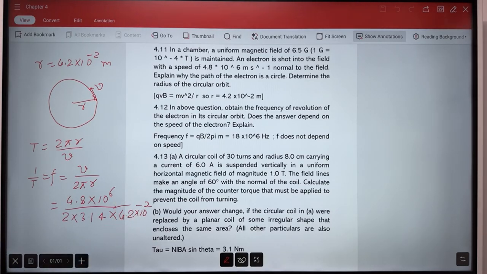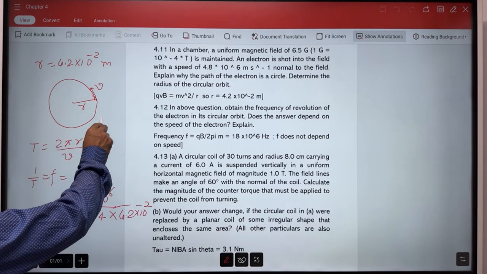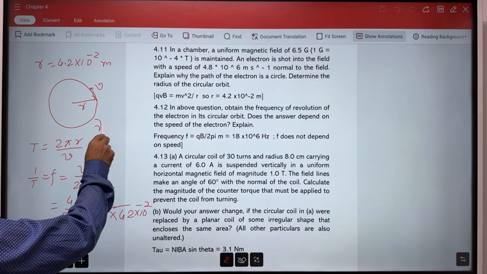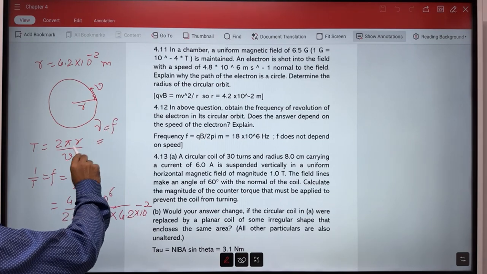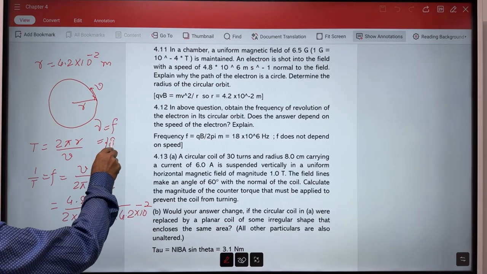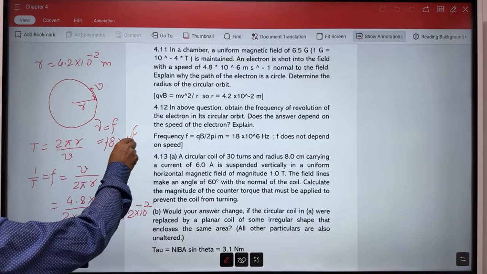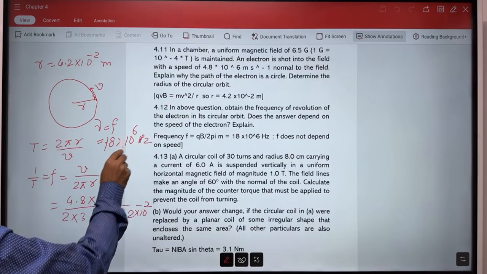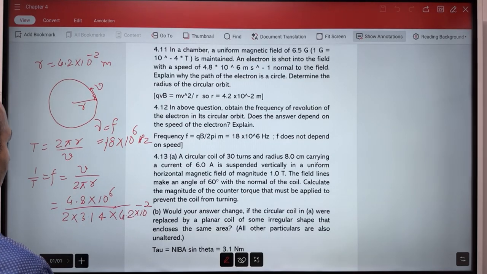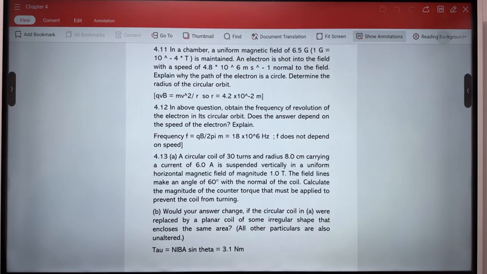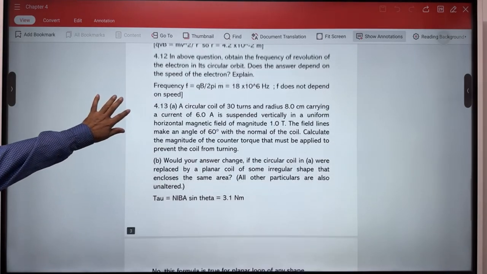Then we can simplify, and this will come out to be 18 into 10 power 6. So nu or f equals 18 into 10 to the power 6 Hertz.